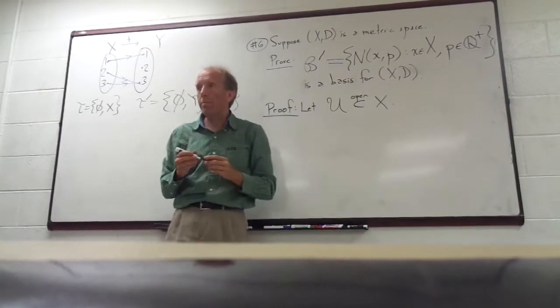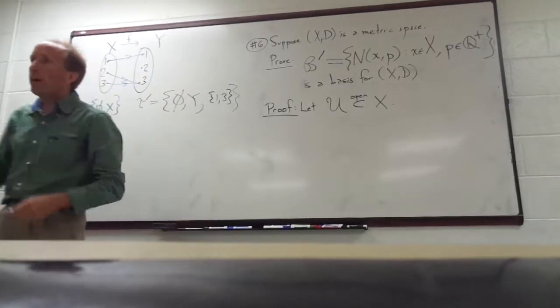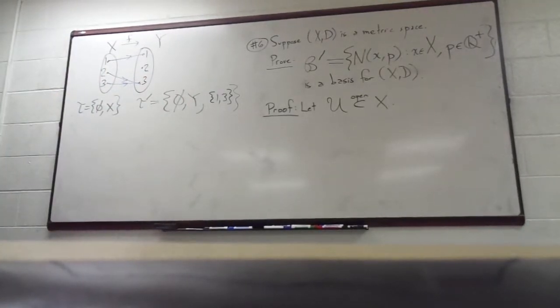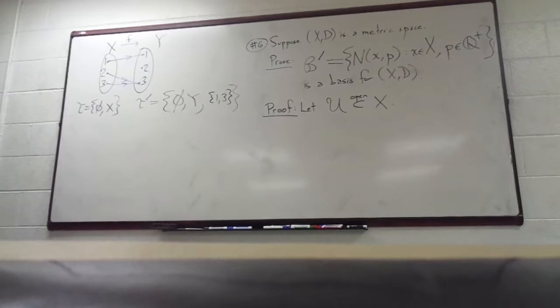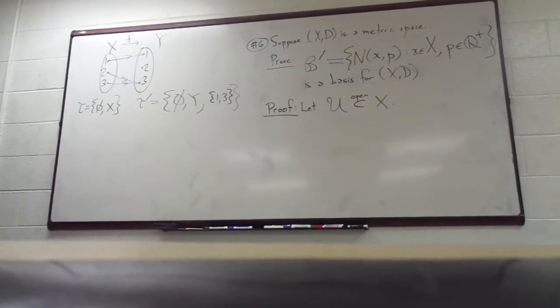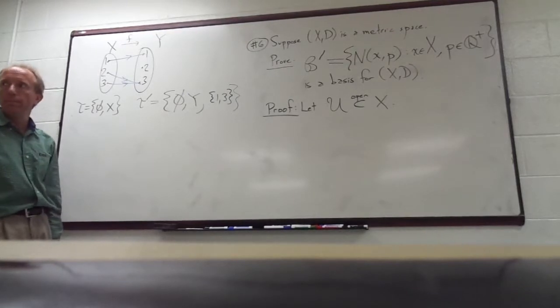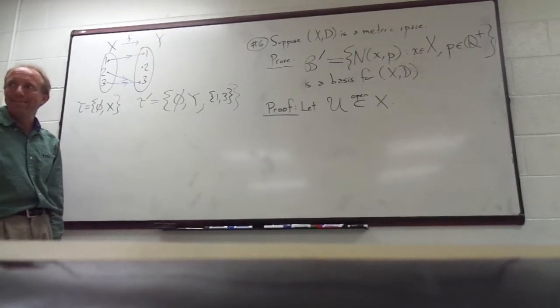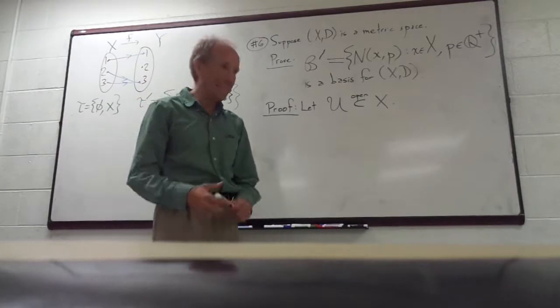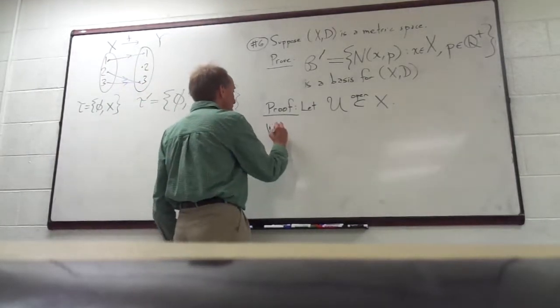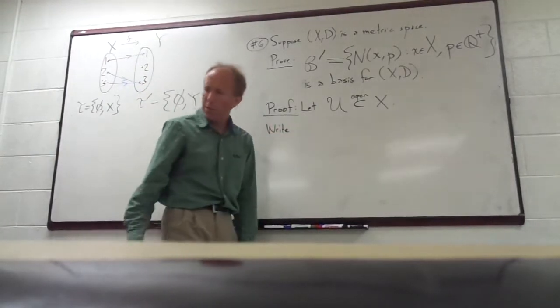Does anybody have an idea how we could start? What would be the very first thing you would do if you have an open set in a metric space? Well, an open set in a metric space is a union of neighborhoods, right? Very good, thank you. That's exactly what we're going to do.